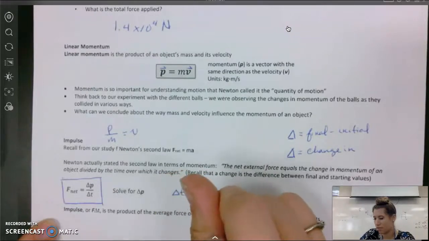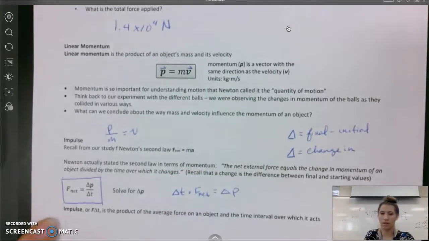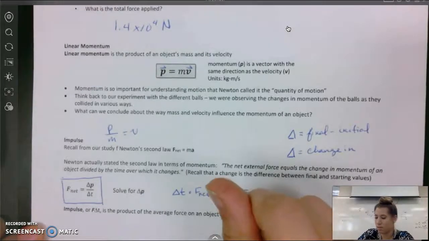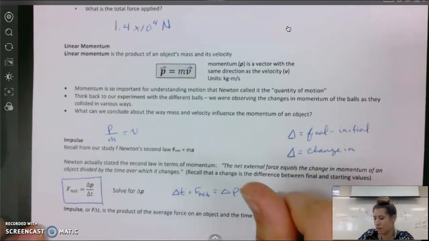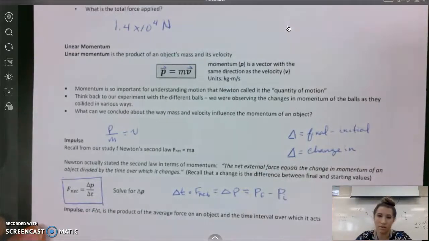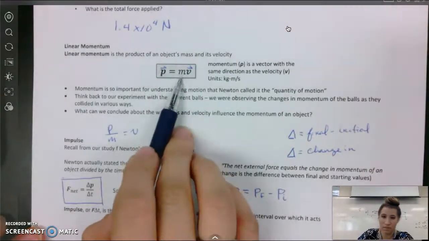That will equal a change in momentum. And a change in momentum is just momentum final minus momentum initial. Okay? And then if we wanted to take that one step further, we could plug in these values.